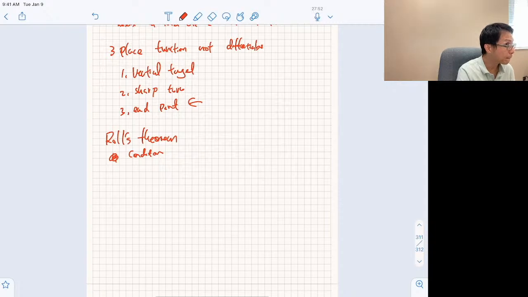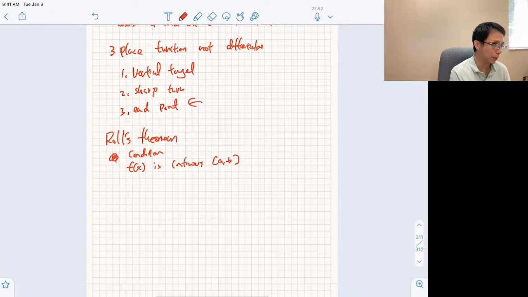The function is continuous. So f of x is continuous, not only in anything, f is continuous on [a, b], closed bracket. You're not going to have an open parenthesis because that won't be continuous, so it has to be a closed bracket. But what else? Differentiable, good.